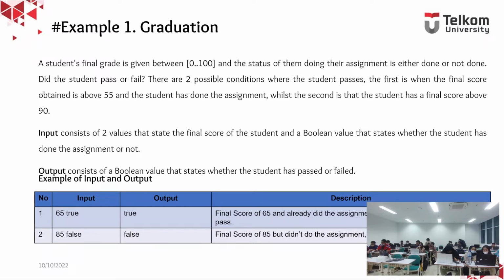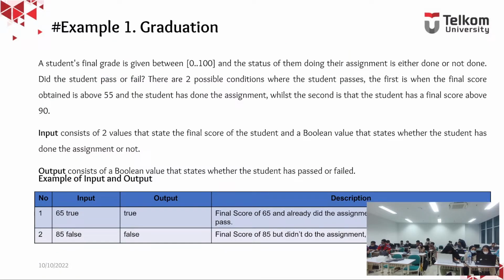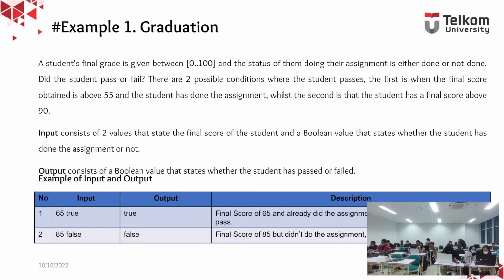So to determine whether the student passed or failed, two values need to be considered: the final score and the assignment status. It means how many variables do you need for input? You will need two, right? The first one to represent the final score, and the second one to represent the assignment status.